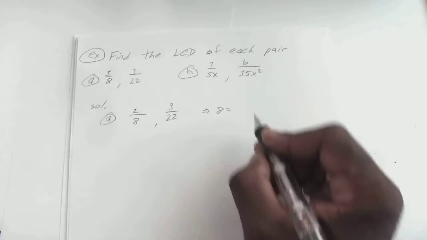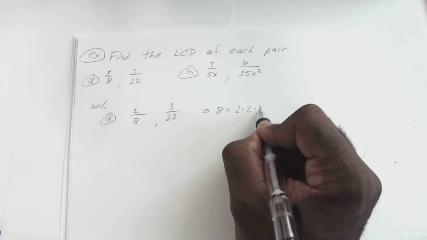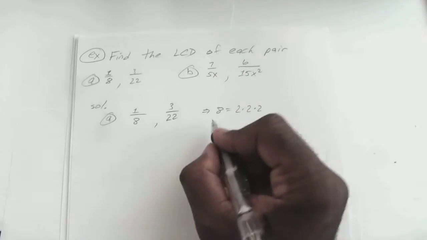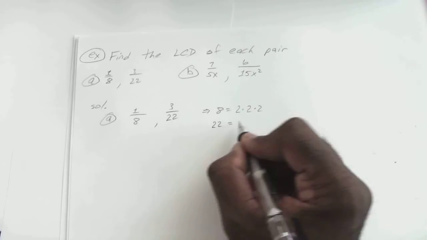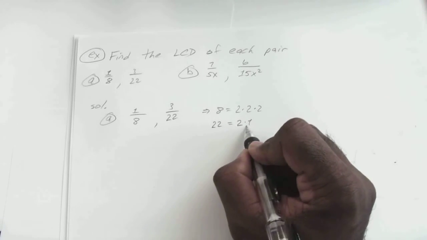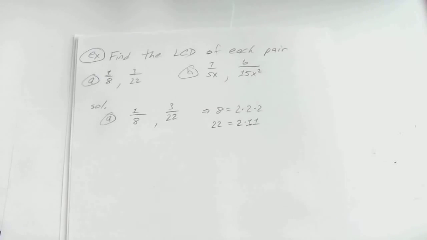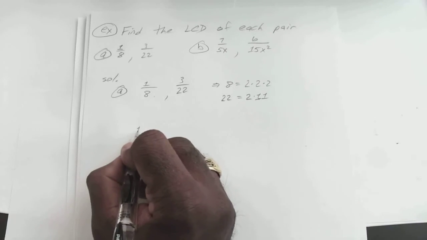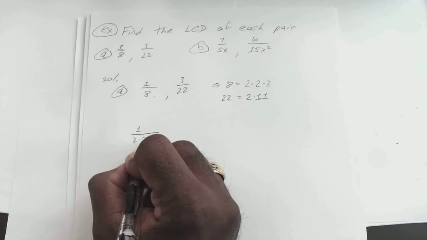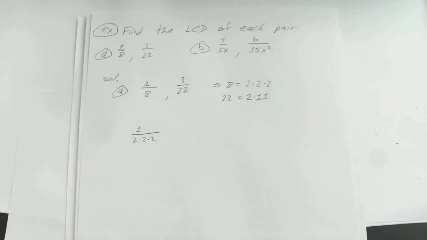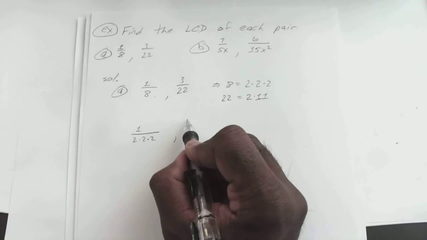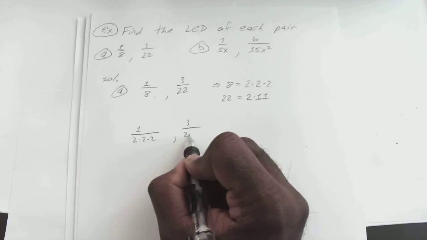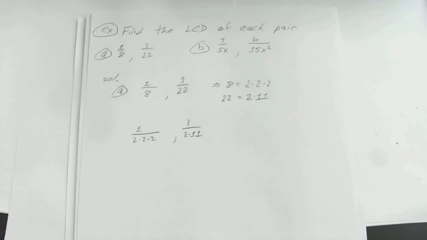We know that 8 is just 2 times 2 times 2. And 22 is just 2 times 11. Okay, so if we go ahead and just rewrite these two, instead of 1 over 8, we get 1 over 2 times 2 times 2. And 3 over 22, we can make it 3 over 2 times 11.